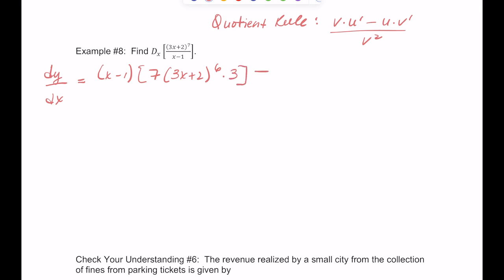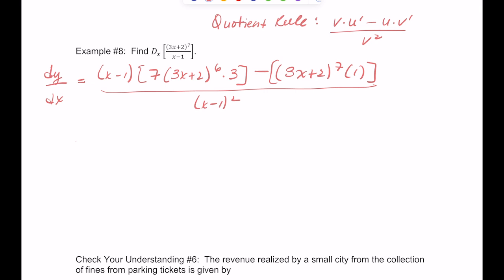Okay, minus u. So u is the (3x plus 2) to the seventh, and then times the derivative of v. So the derivative of v is just 1. And then it's going to be all over v squared, so (x minus 1) squared. And then I got to clean up the top.